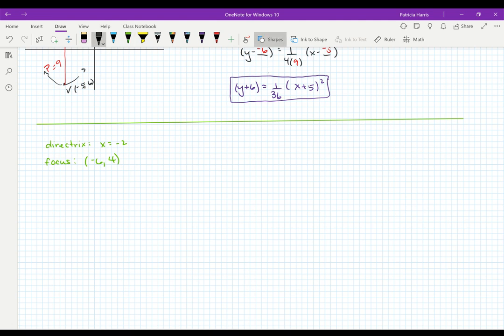Again, I'm going to draw an xy axis and use what I know about parabolas to help me out.